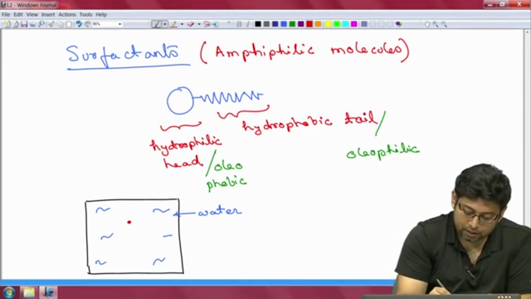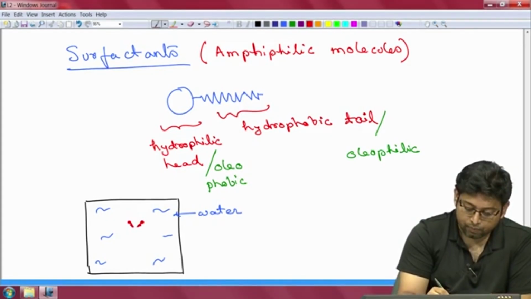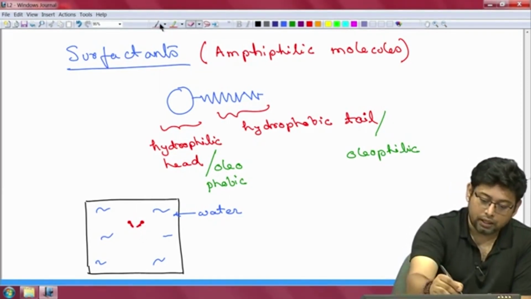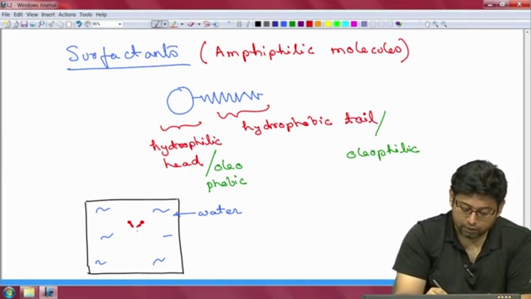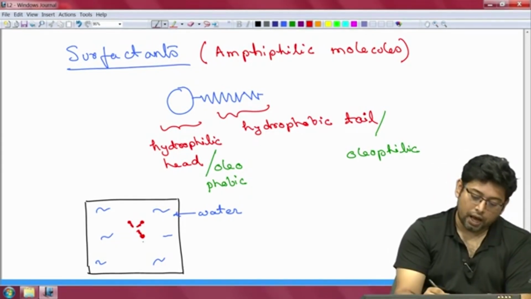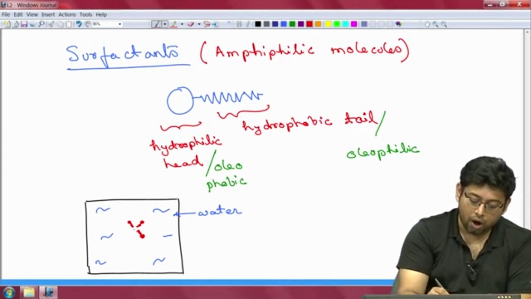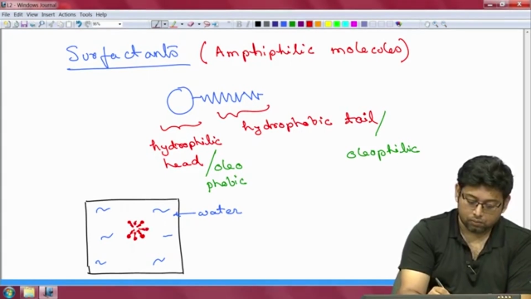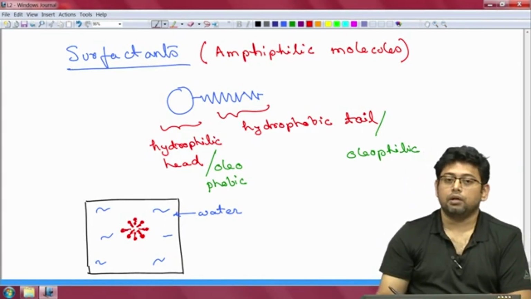So, the way it happens is because these end up forming what are called micelles, where the hydrophilic heads are all directed outwards, and these micelles form only when you reach a certain critical concentration of the surfactants. Once you have that critical concentration, the hydrophilic heads will all arrange themselves outward, and all the tails will be inwards.